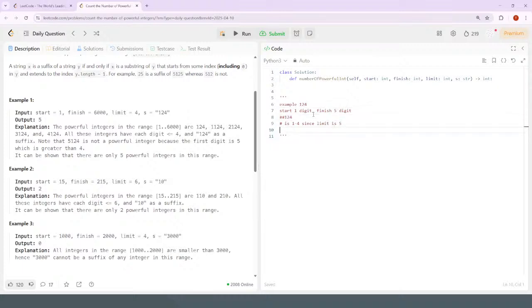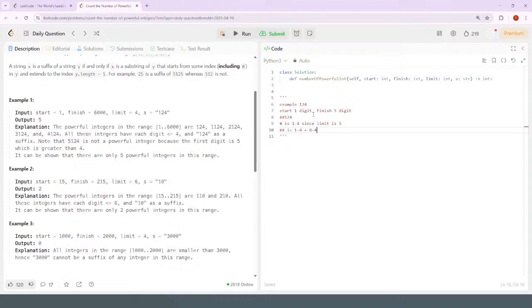It'd be 1 through 4 as the leading digit, plus 0 through 4 as your second prefix digit.